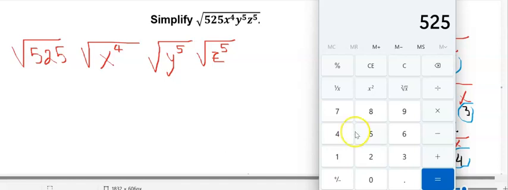So if you take 525, again, this is me just trying it out to see what number is the best number. If I take 525 divided by 5, it gives me 105. And you're like, okay, hold on. If 525 is divisible by 5, because the ending is a 5, then 105 should also be divisible by what? By 5 again. So if I take 105 and divide it by 5 again, it gives me 21.